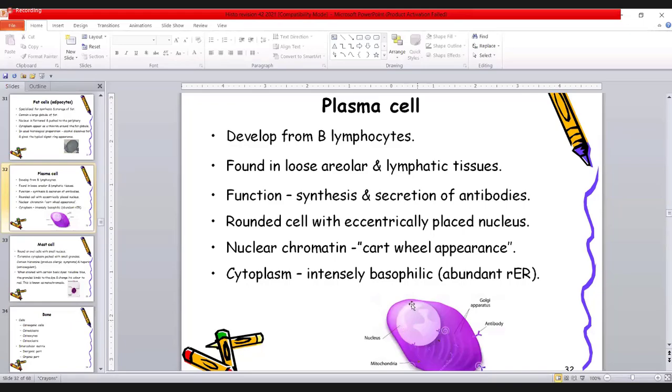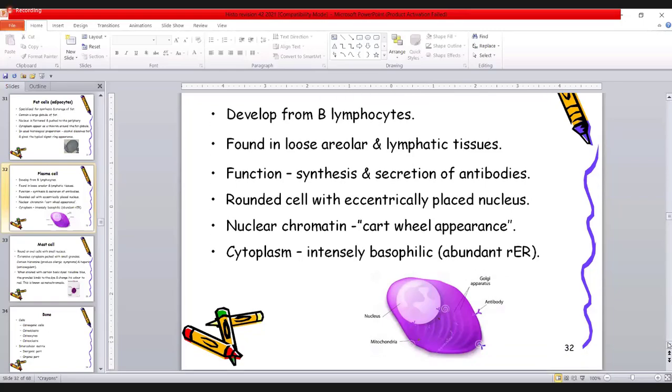The nucleus gives its unique feature by the nuclear chromatin arrangement, which we describe as clock face or cartwheel appearance. The cytoplasm with H&E stains very darkly basophilic, because it produces antibodies and therefore has an abundance of rough endoplasmic reticulum. So that's quickly about the plasma cells.